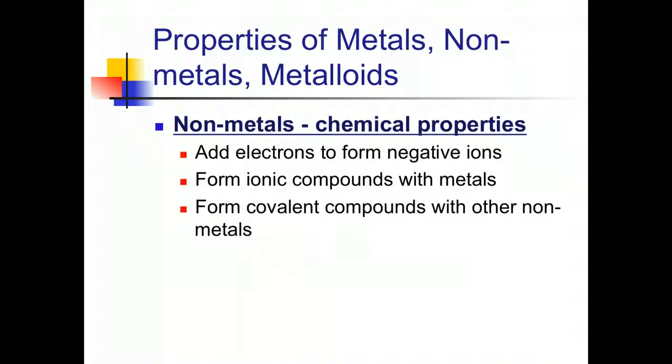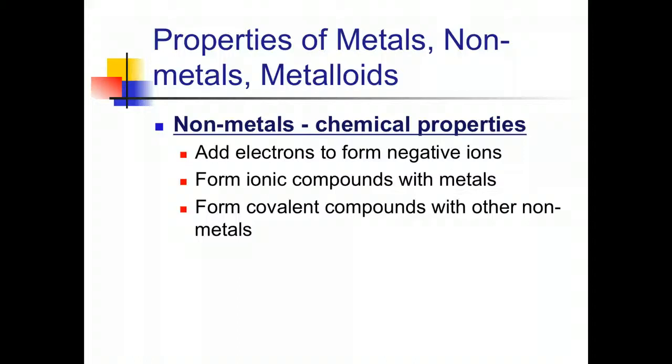The chemical properties of the nonmetals, again, still the opposite. This time a nonmetal, they're going to take electrons. They add electrons and they form negative ions. Again, this will make much more sense next semester, but we're just introducing all these ideas now.